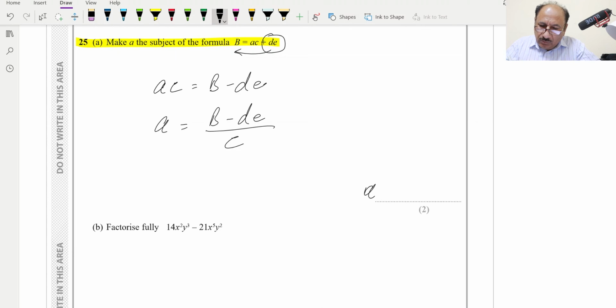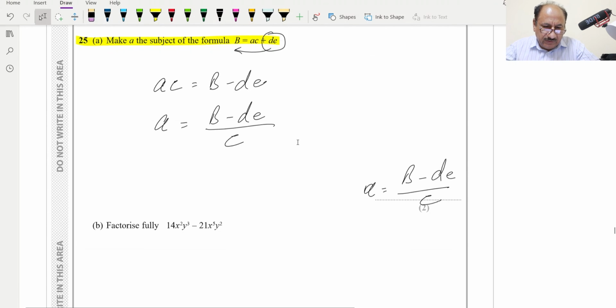A is equal to B minus DE divided by C. This will be our final answer.